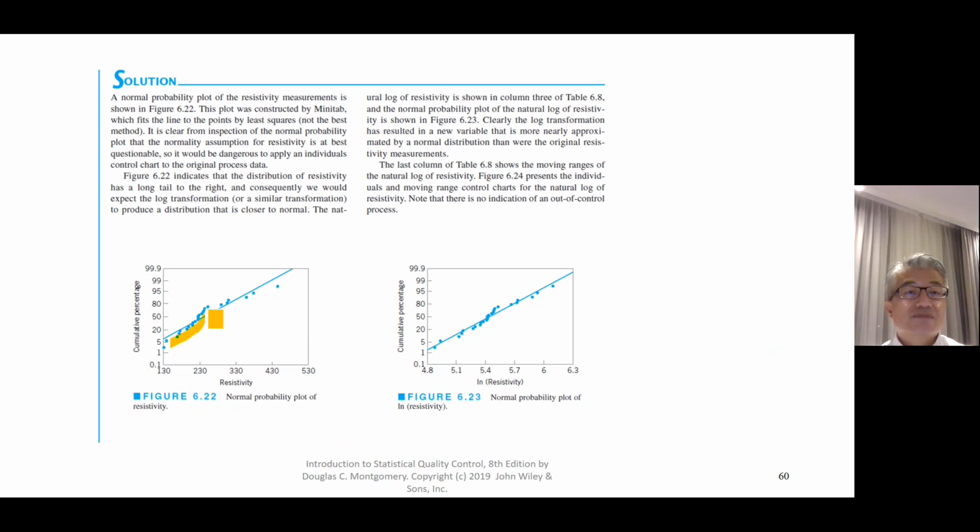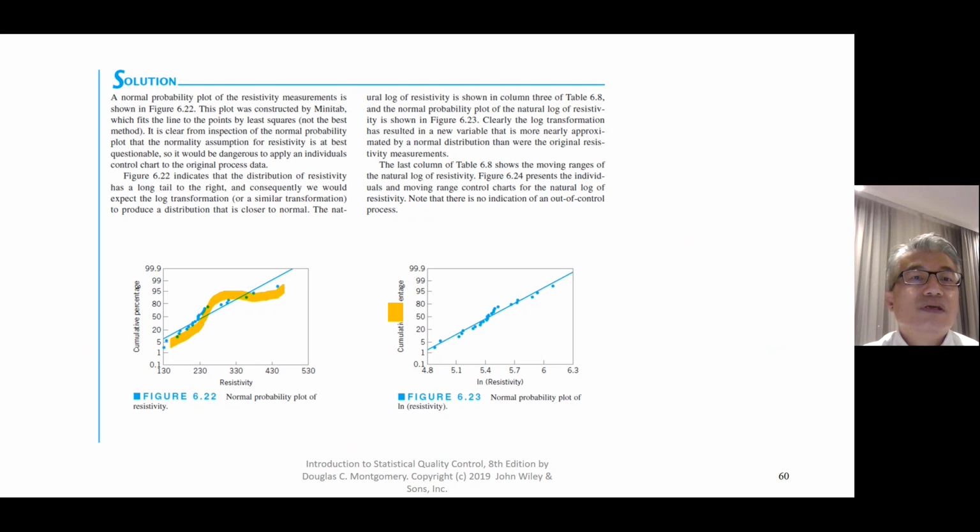You can see that this is a probability plot, constructed using Minitab, which fits the line to the points by least squares, but not the best method ever. It is quite obvious from inspection of the normal probability plot that the normal assumption for resistivity is at best questionable.